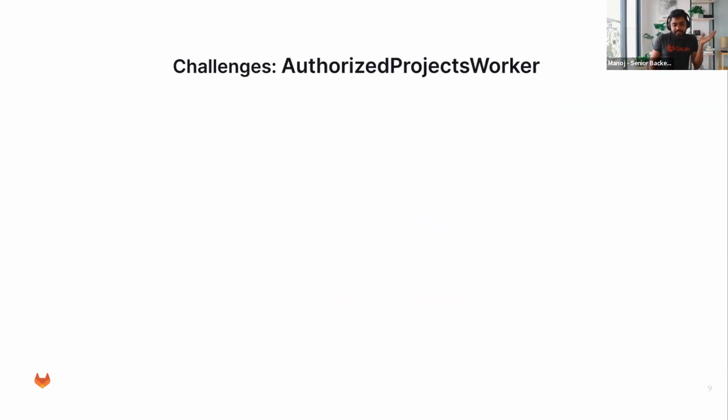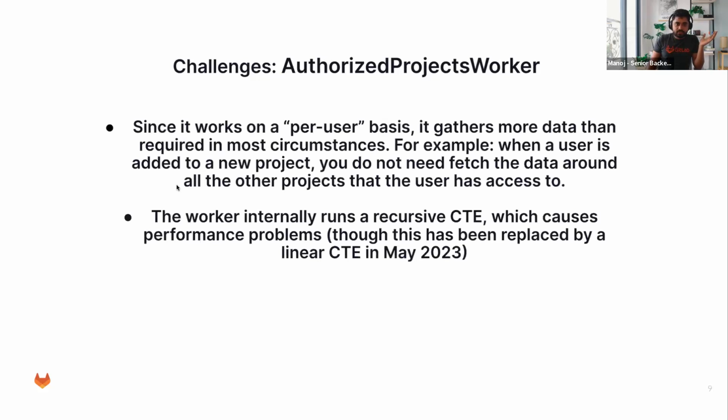And we had many challenges around the authorized projects worker. The main challenge, as I told you, is that this works on a per user basis, and per user is a very expensive calculation. It is also not really necessary. As an example, when a new user is added to a project, you do not need to fetch data surrounding this user's access to all other projects. So if I'm added to the GitLab project, essentially I need to add an entry for Manoj with access level of 40 to the GitLab project.